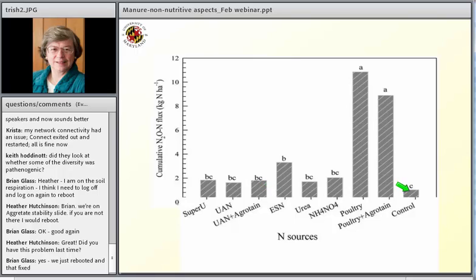The control was different only from the ESN, not different from the ones that had the nitrification inhibitors and the urease inhibitors. But there's a clear difference between all the nitrogen fertilizers and the control and the litter treatments.